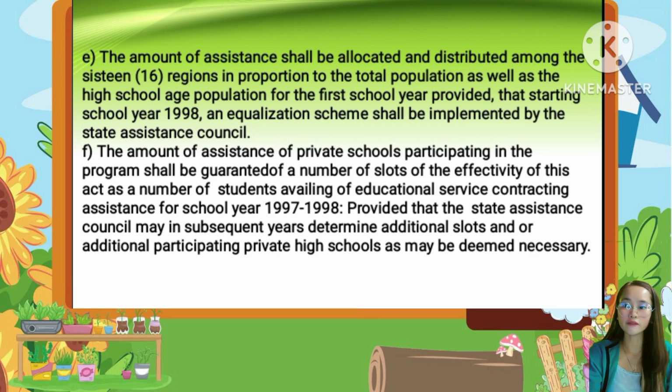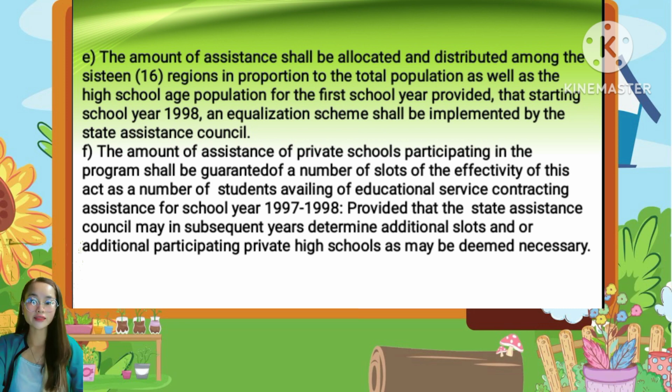In paragraph F, private schools participating in the program shall be guaranteed a number of slots, at the effectivity of this Act, equal to the number of students availing of educational service contracting assistance for school year 1997 and 1998. Provided that the State Assistance Council may, in subsequent years, determine additional slots or additional participating private high schools as may be deemed necessary.